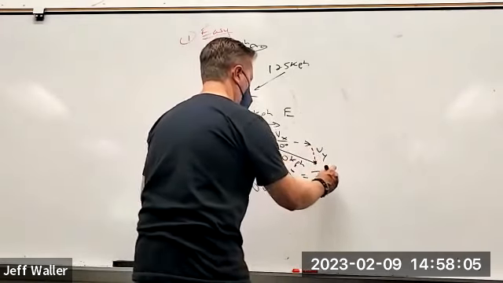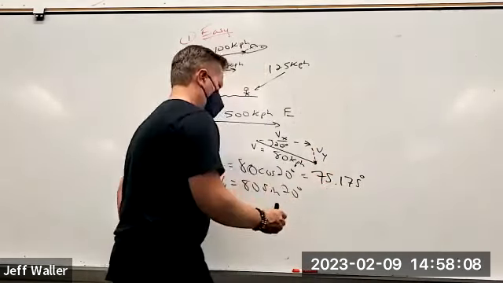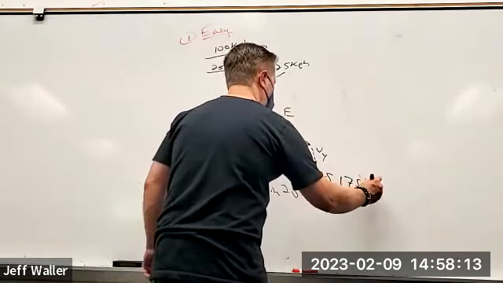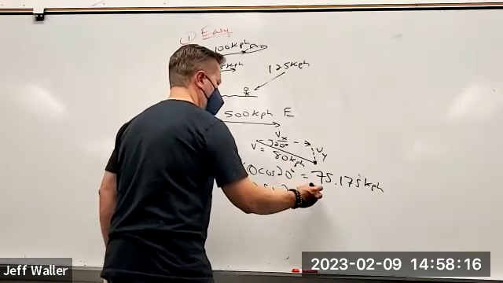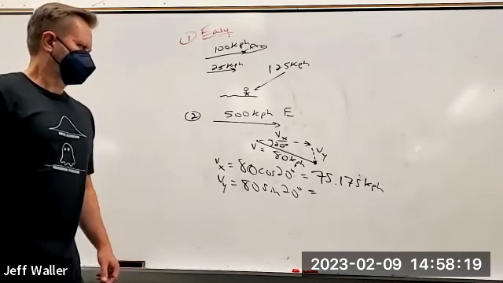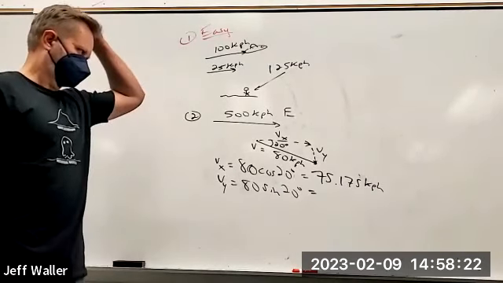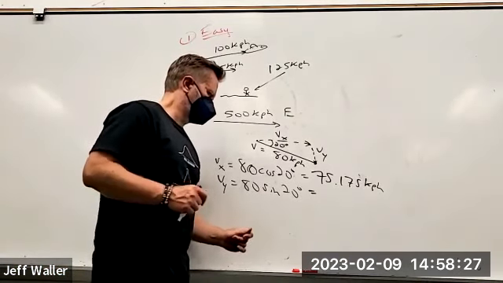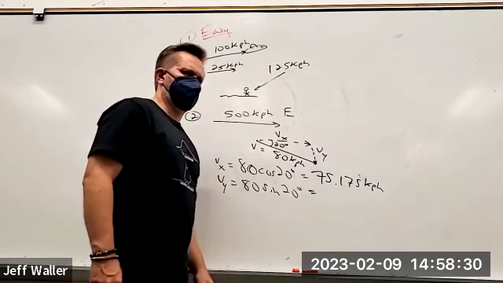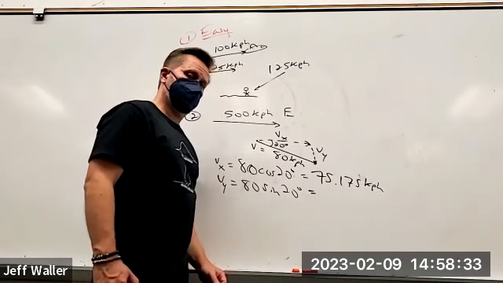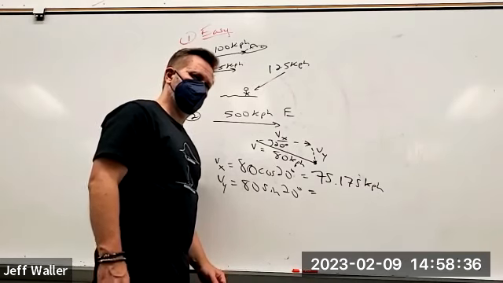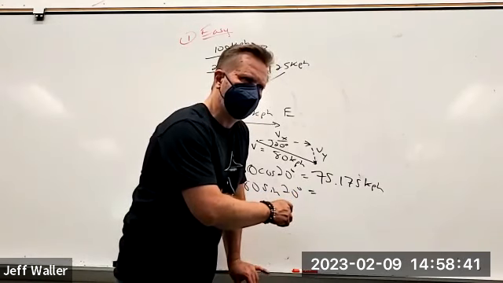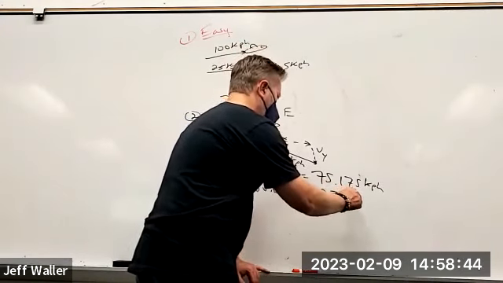Okay, 75.175 kilometers per hour, sounds about right to me. And what about 80 times sine of 20? I get two different answers, neato. So is it 27.4 maybe?